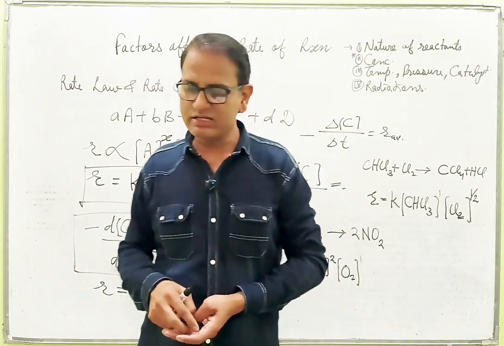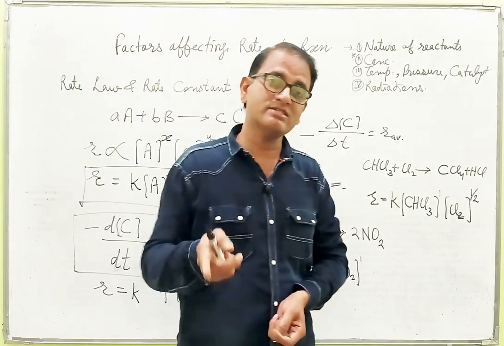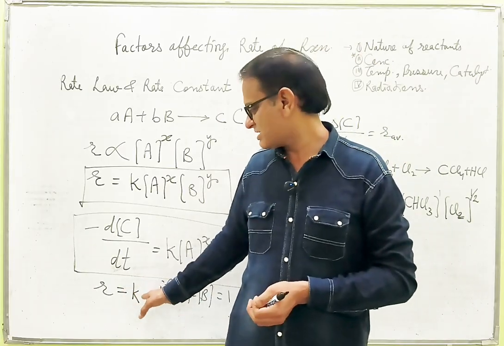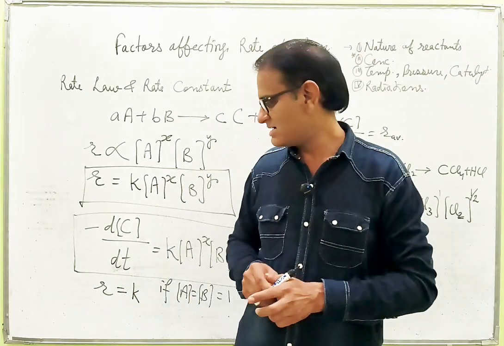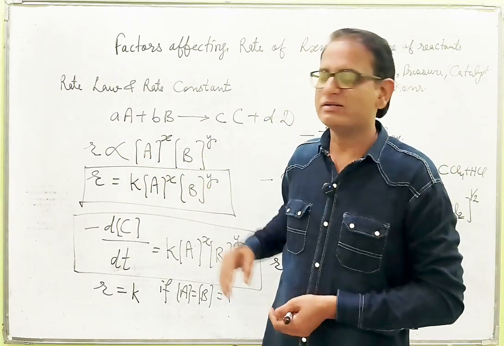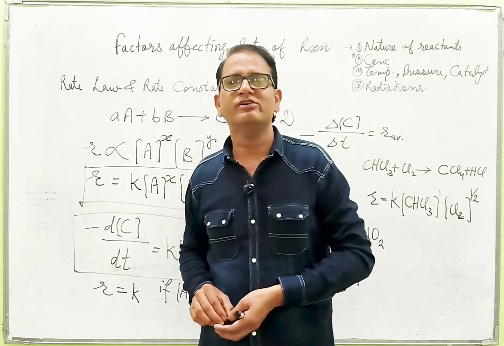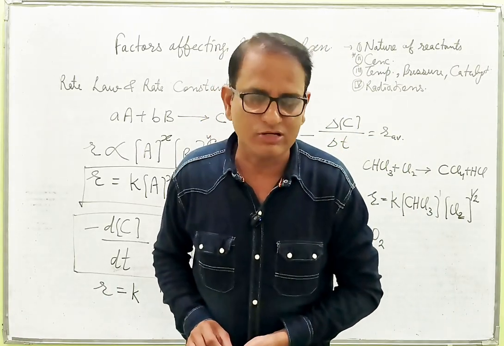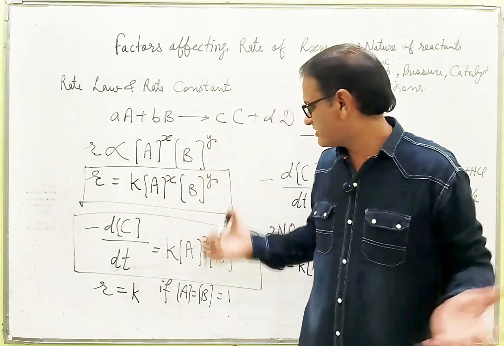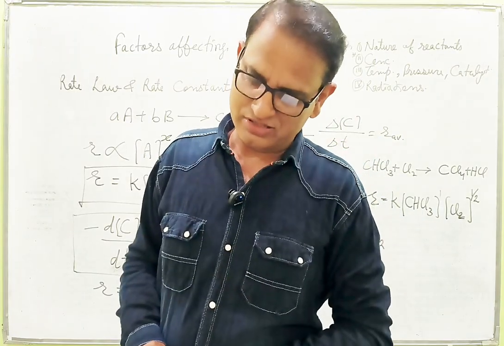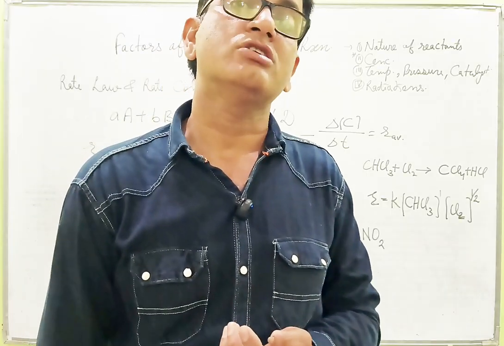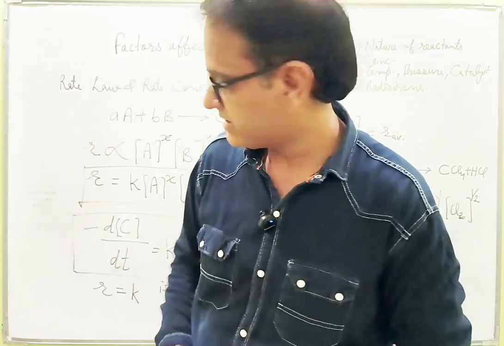Another thing is that the rate of reaction decreases with time, but the rate constant is a constant value. The rate depends upon the concentration of reacting species, but the rate constant is independent of concentration, because concentration is taken as unity. This is how we can differentiate rate and rate constant, because sometimes it is asked.